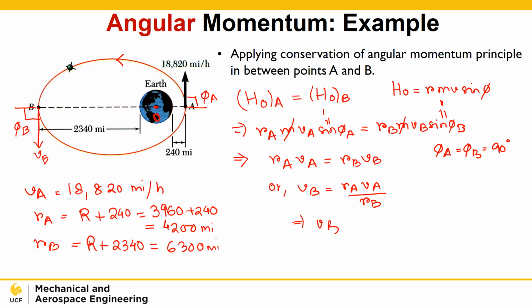So substituting all these values, we get v_B, which is the velocity of the satellite at point B, is equal to 4,200 times v_A, which is 18,820, divided by r_B, which is 6,300.